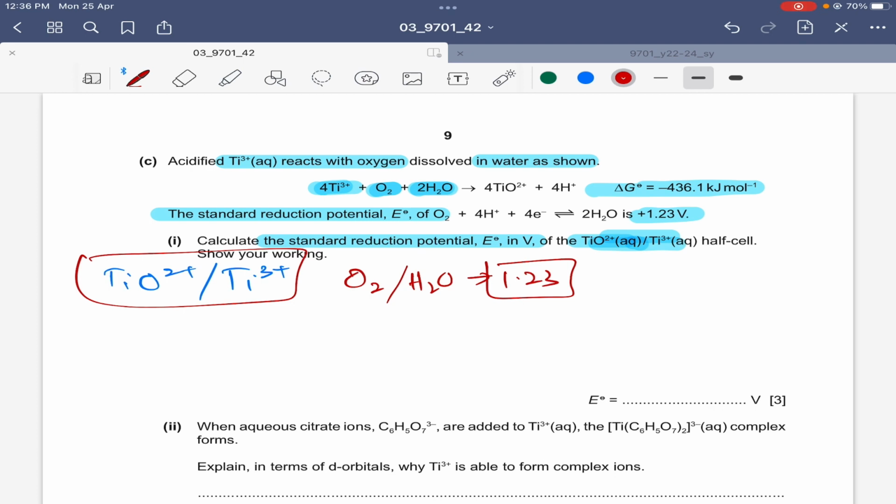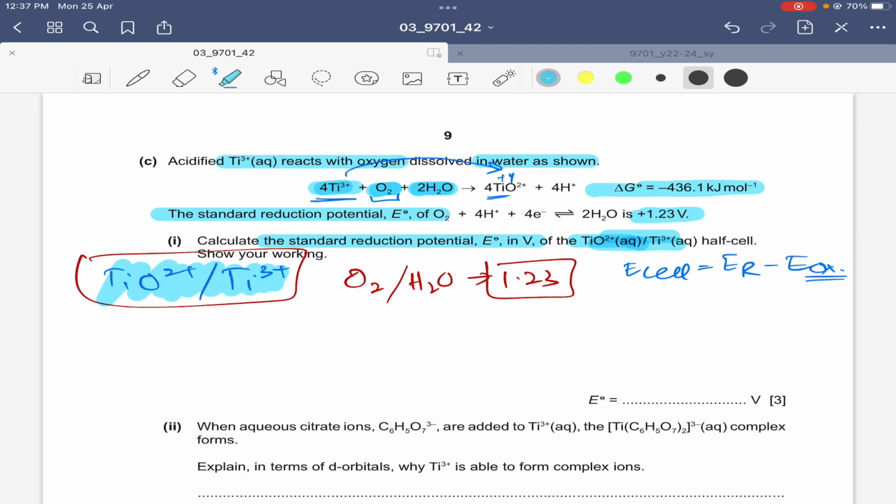So basically in this reaction, if we look at the oxidation numbers, we can find out that titanium is being oxidized. From plus 3 it goes into plus 4, so that means it is being oxidized, and that suggests that oxygen is working as an oxidizing agent, right? So E cell would be equal to E reduction minus E oxidation, and E oxidation is the reduction potential of this half cell.